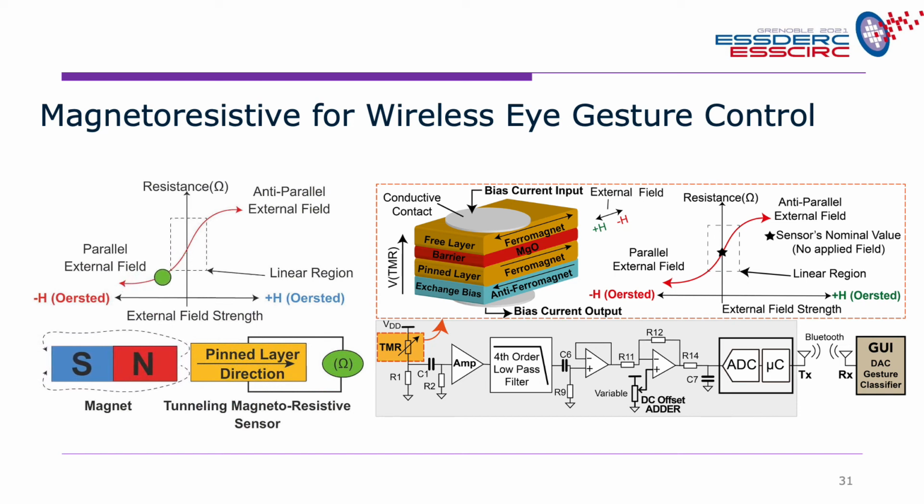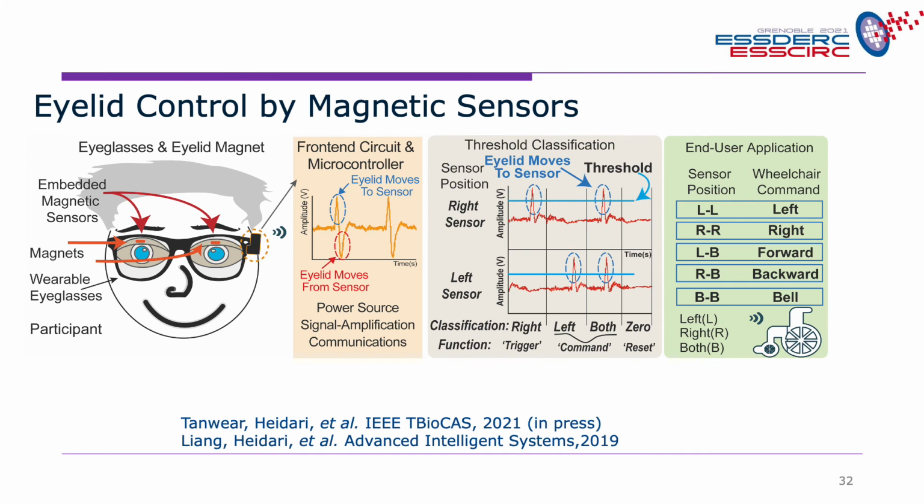We have also used different types of TMR sensors for embedding on an eyelid magnet, using eyeglasses equipped with miniaturized electronics. So we used such a miniaturized sensing system for the control of the eyelid.